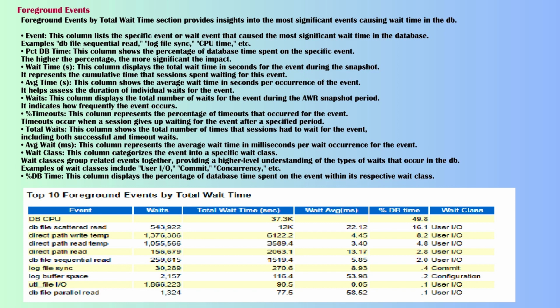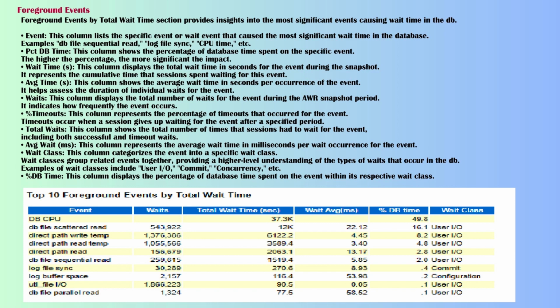Average time. This column shows the average wait time in seconds per occurrence of the event. It helps assess the duration of individual waits for the event. Waits. This column displays the total number of waits for the event during the AWR snapshot period. It indicates how frequently the event occurs. Percent timeouts.